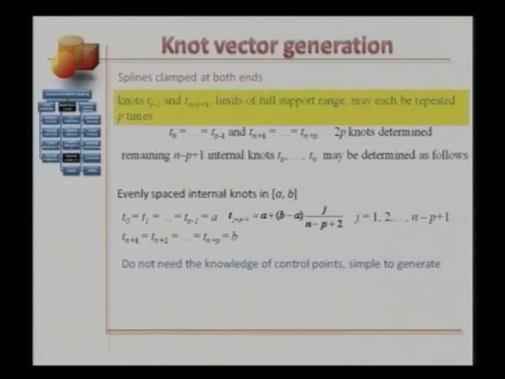Now, if we need to use the parameterization schemes, like the chord length parameterization or the centripetal parameterization, we will have to modify the scheme a little bit. We can think of computing the internal knots by averaging a few parameters.